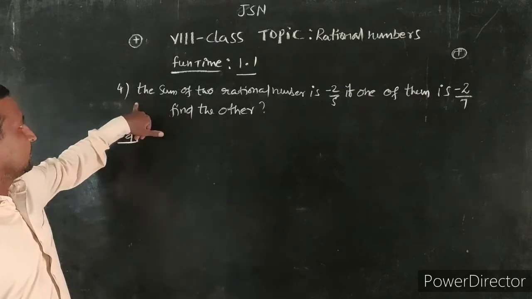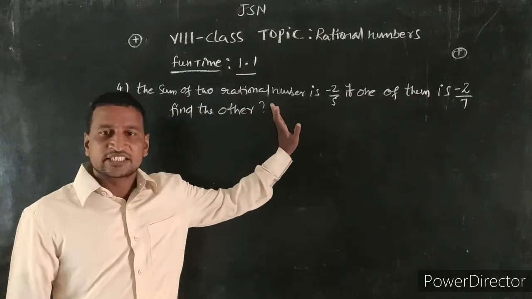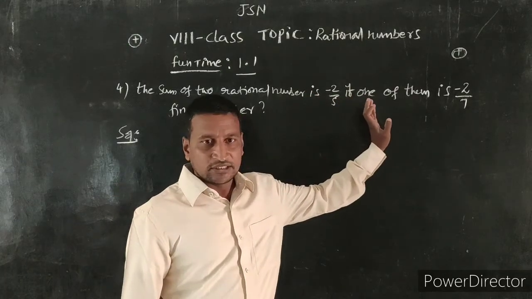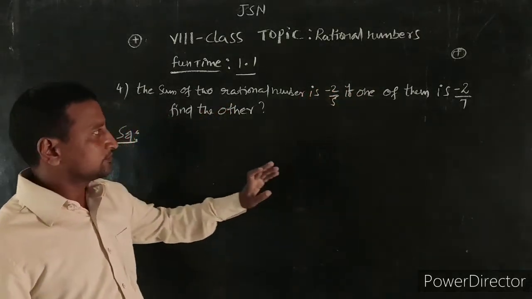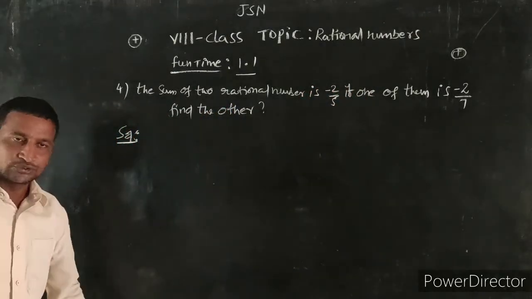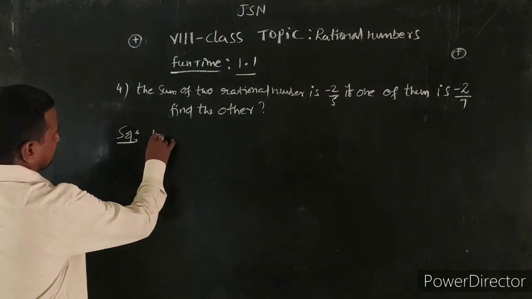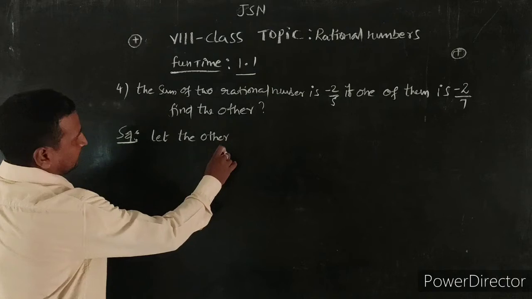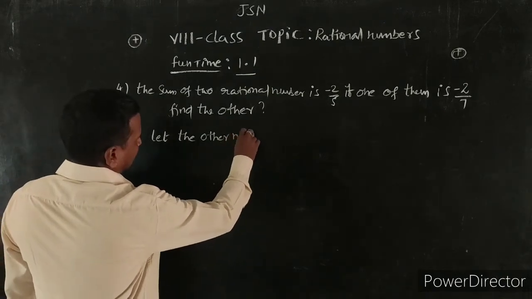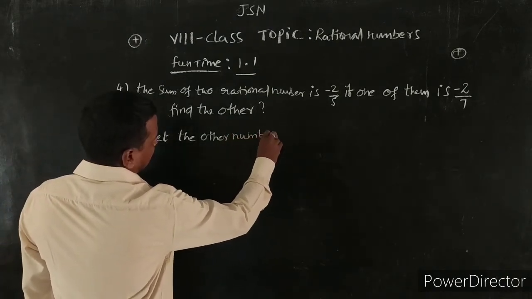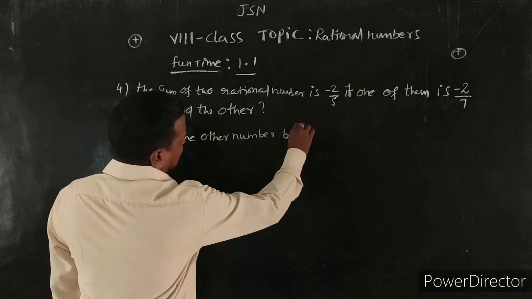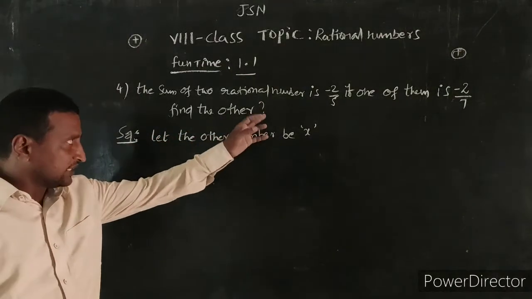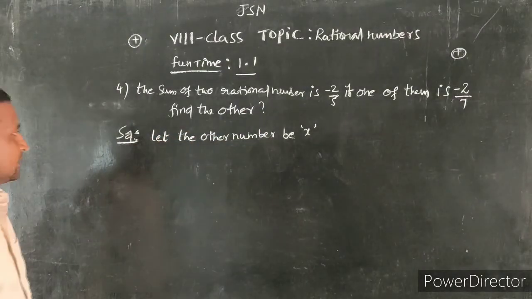Okay. Next problem. The sum of two rational numbers is minus 2 by 5. If one of the numbers is minus 2 by 7, find the other number. So, first let the other number be x. Now it is given the sum of two rational numbers is minus 2 by 5.